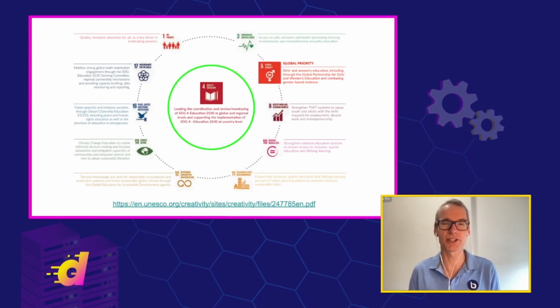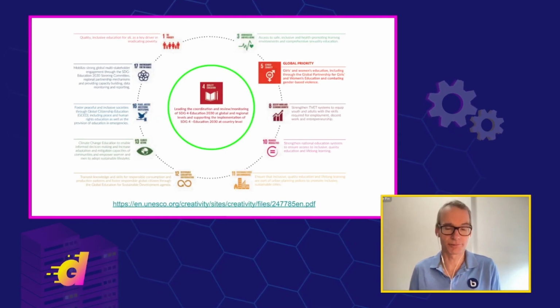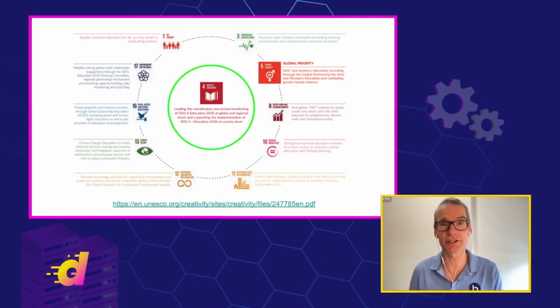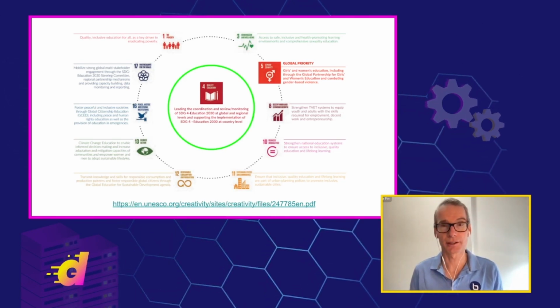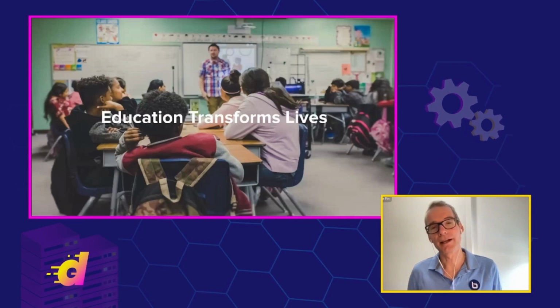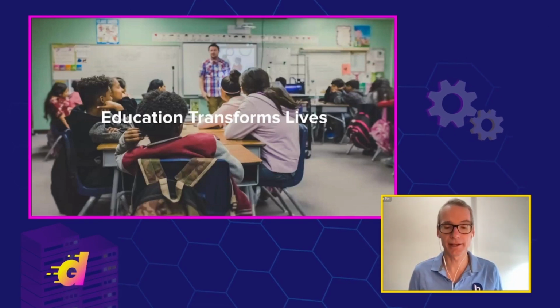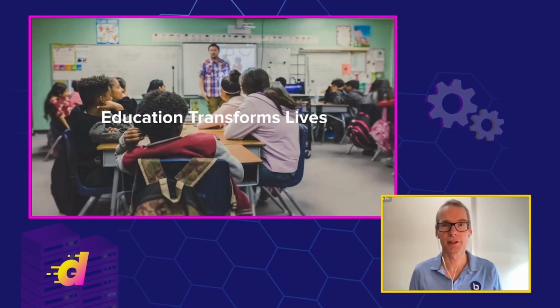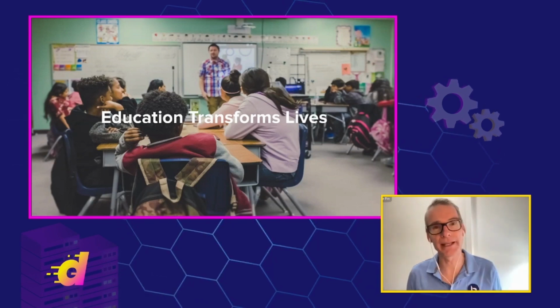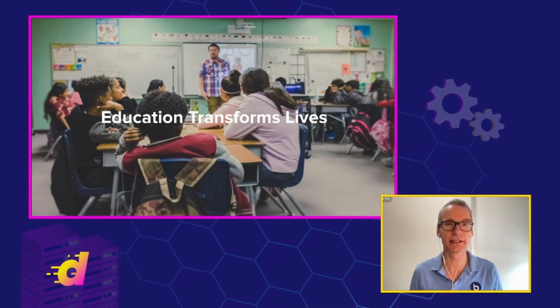Access to high quality education is critical for current generation and even more so the next generation to address some of these goals. And without putting too light on it, education transforms lives. Many people on this call may have had the ability to walk down the street and go to a school.